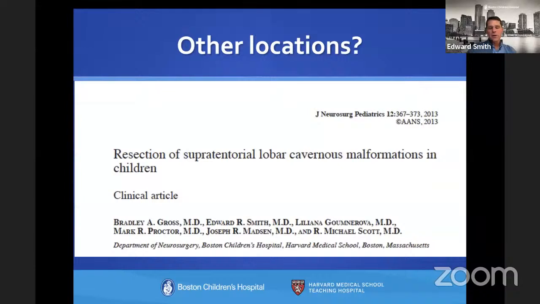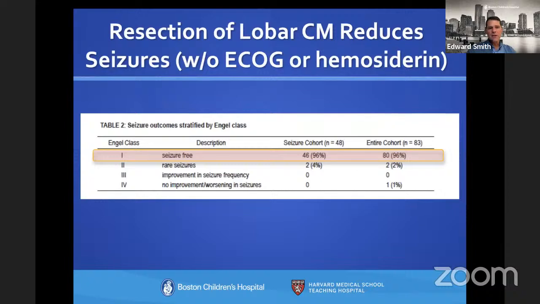Other locations, the very classic one that I think most of us will see are these routine supratentorial lobar cavernous malformations. This is what almost all of them are, as you saw in the previous slide from one of our other papers. About 3/4 of them are going to be like this. Basically, if these kids present with seizure, it's important to understand that just taking out the lesion will result in about an 80% or better reduction or cure of the seizures, and about a 96% likelihood of curing them.